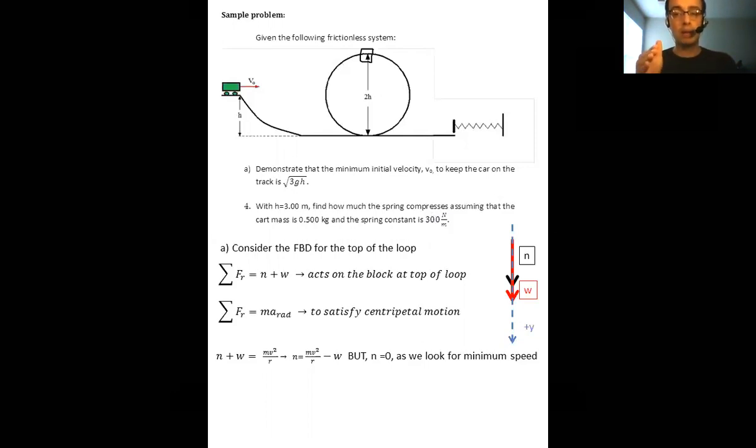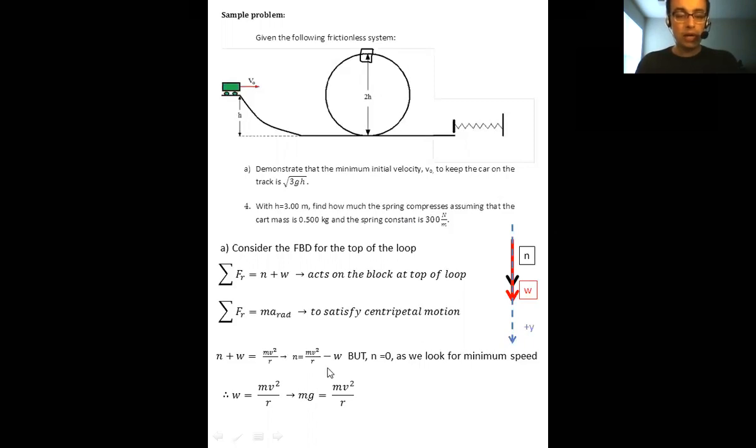So when you have just enough energy that the cart is losing contact with the rails, the normal force is 0 in that case. Normal force being 0 is another way of saying that your cart has lost contact with the track, right?